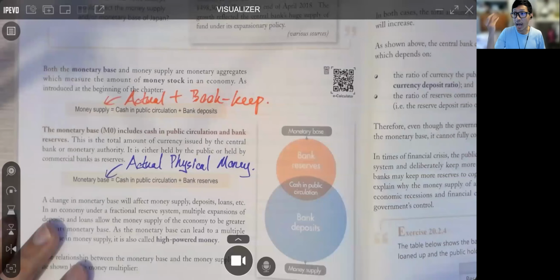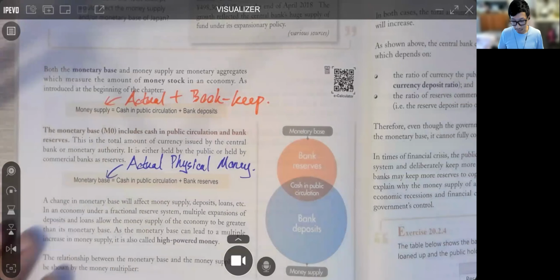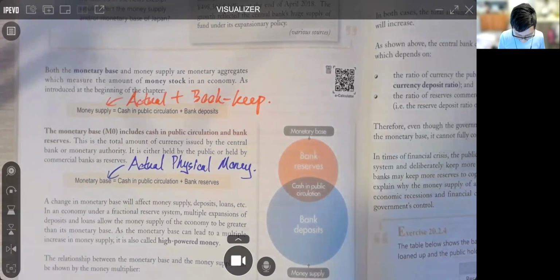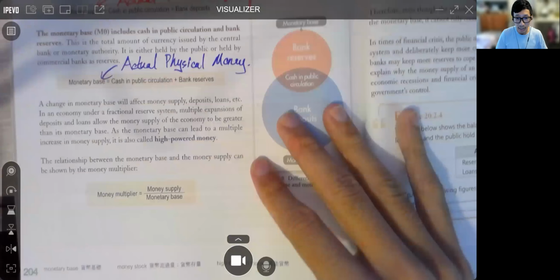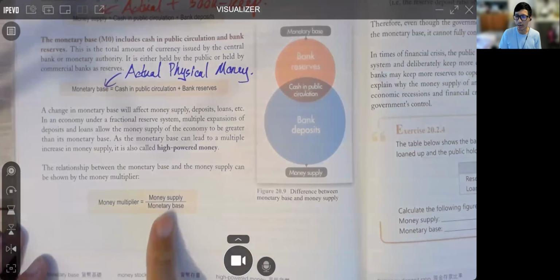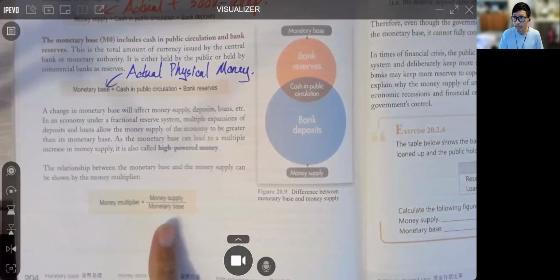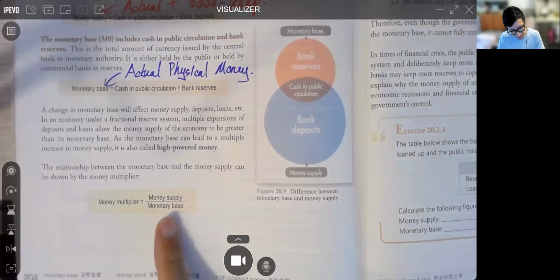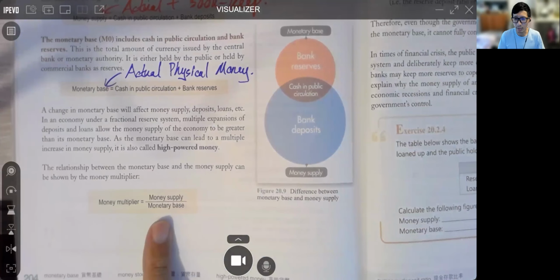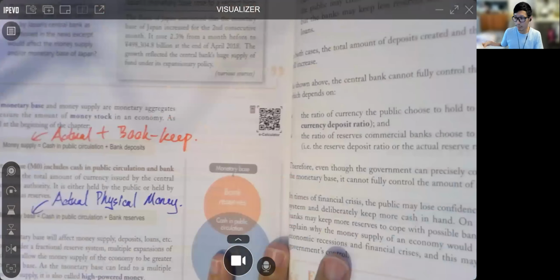So monetary base is actual existing money, while money supply is actual money plus some bookkeeping account money. There is also the money multiplier, money supply divided by monetary base, but it hasn't been examined for a long time, not in A level, HKCEE or DSE.